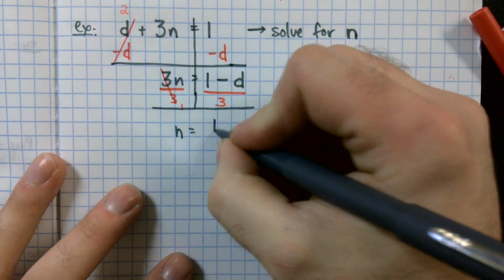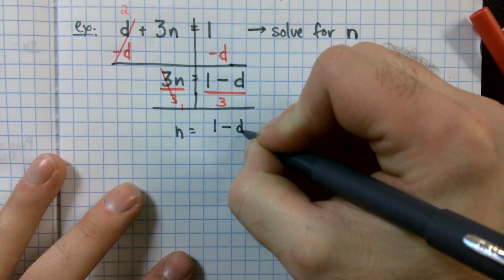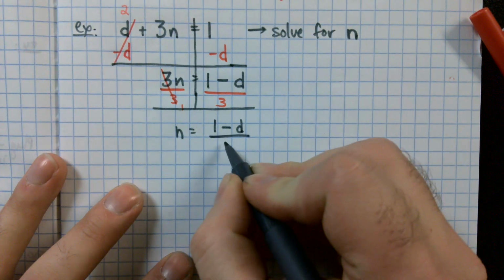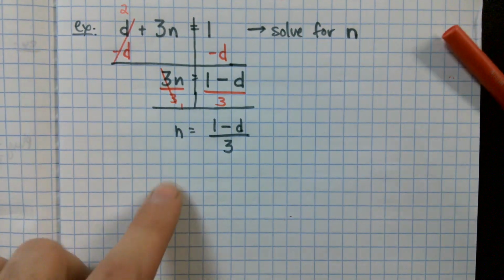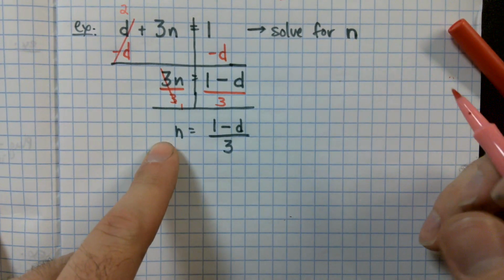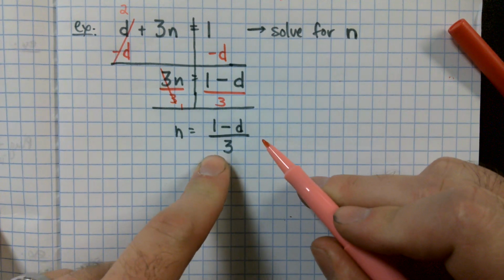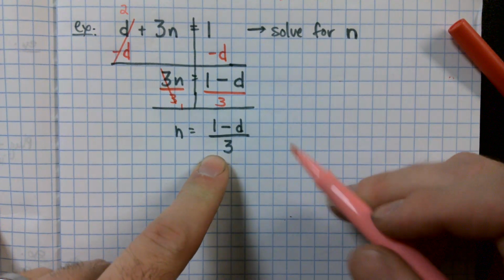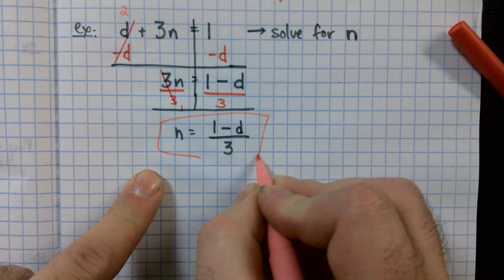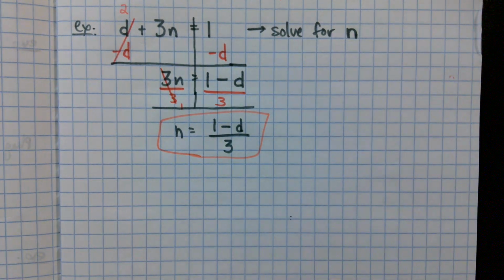No. So n is equal to 1 minus d over 3. Did we solve for n? Is n all by itself? Yeah. Is the answer nice and clean? No, it's ugly, but that's fine. All right? I know it's weird. That's our answer. N is equal to 1 minus d over 3.